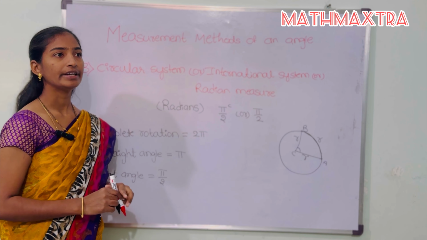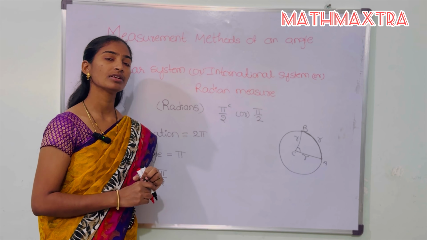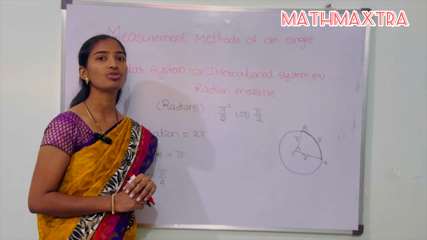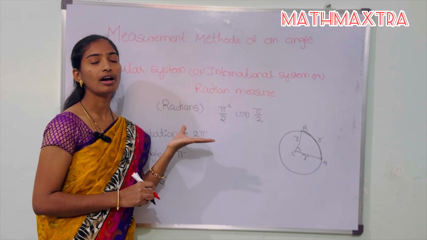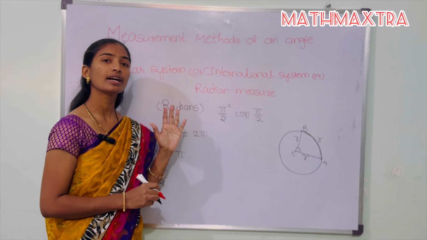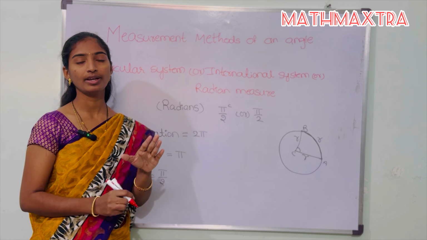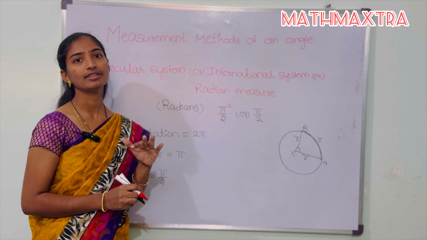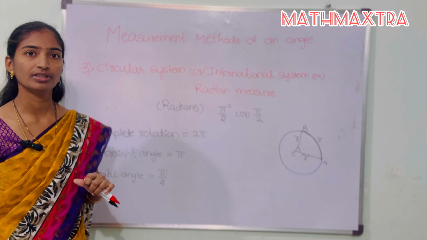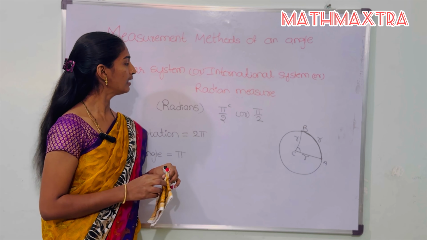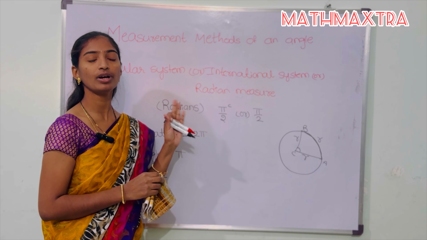Now, in the exams they may give questions based on conversion problems. Conversion means they may ask you to convert degrees into grades, grades into radians, and so on. So we'll see how to convert one unit into another unit.